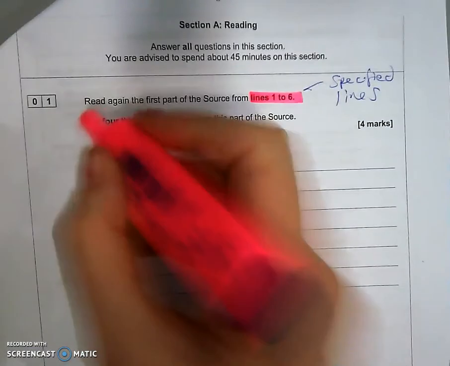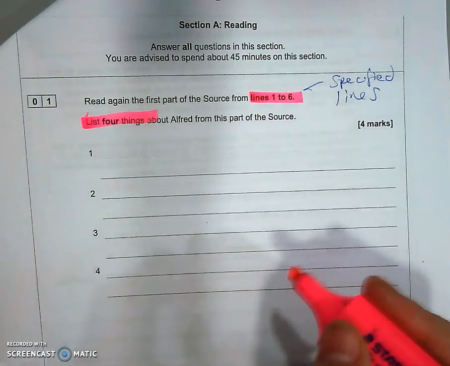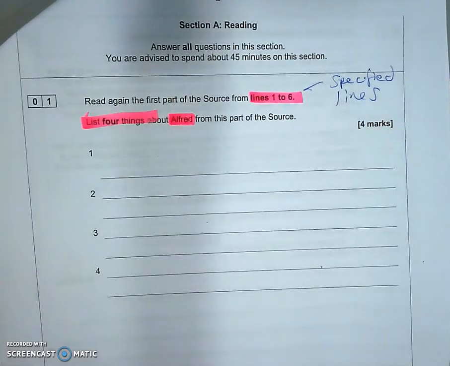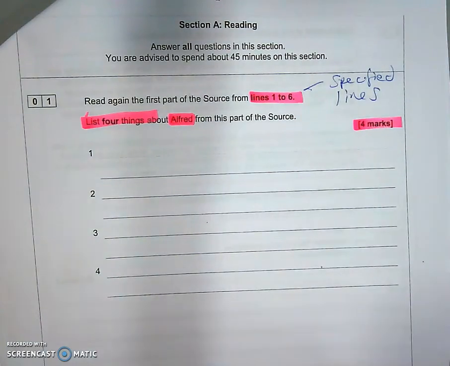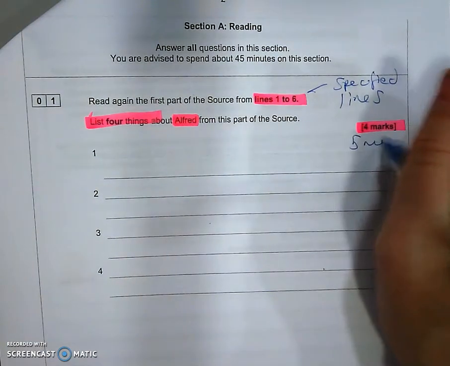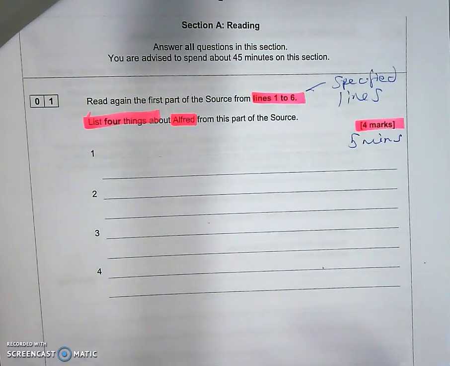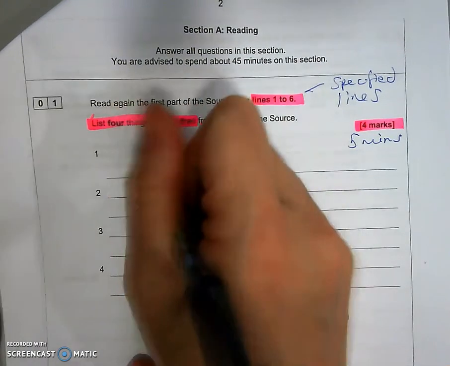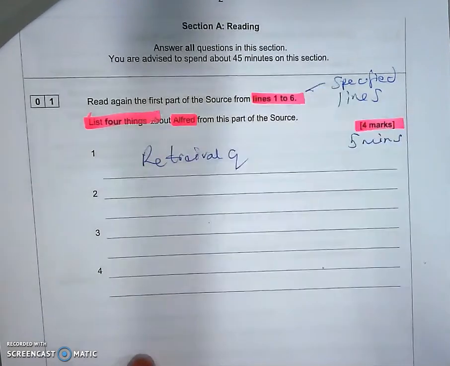We know that we're going to list 4 things. And in this case, it's about Alfred. And we know that we have only 4 marks here, so no more than 5 minutes that we're going to spend on doing this. It is designed to be the easier question. It's what we would call a retrieval question.